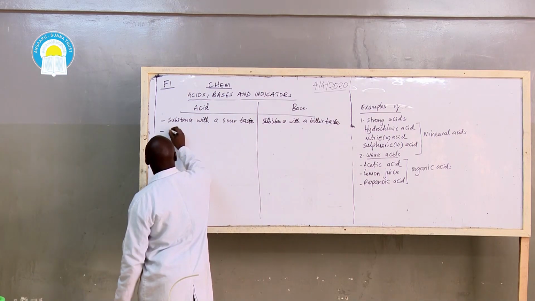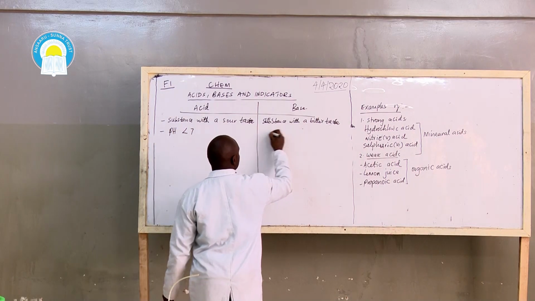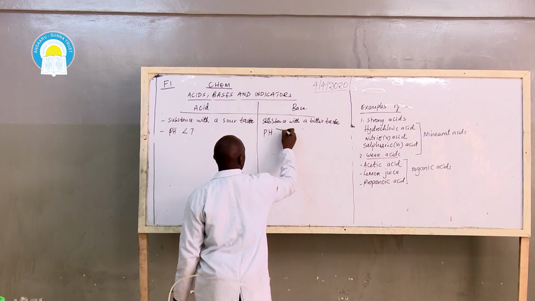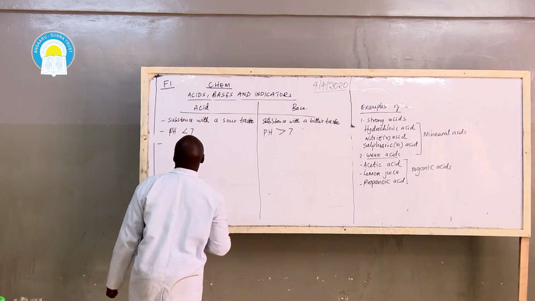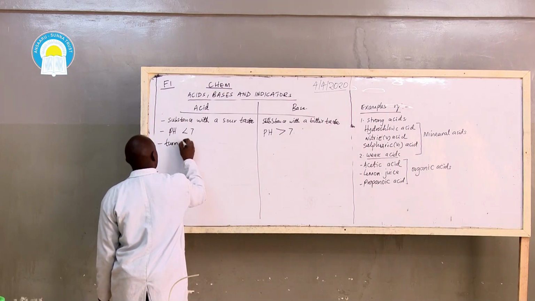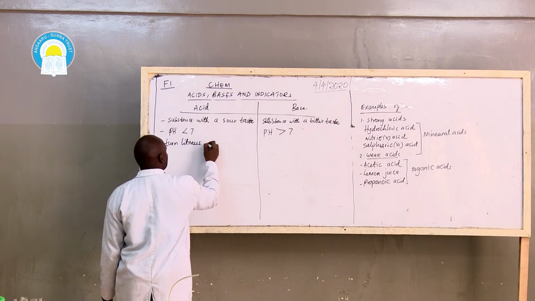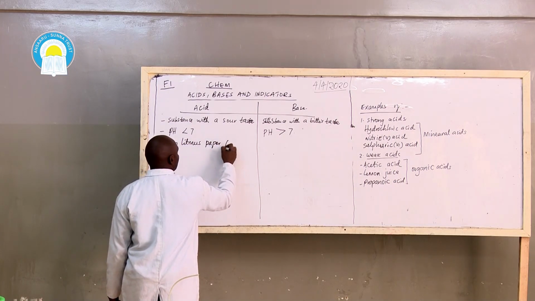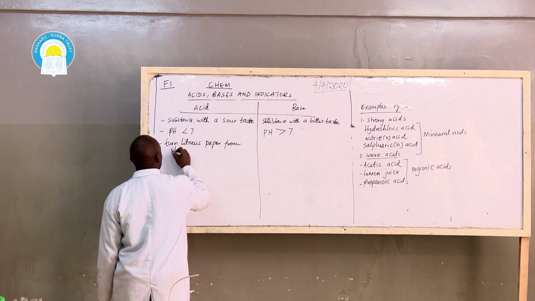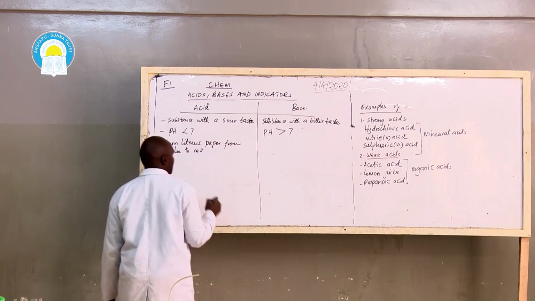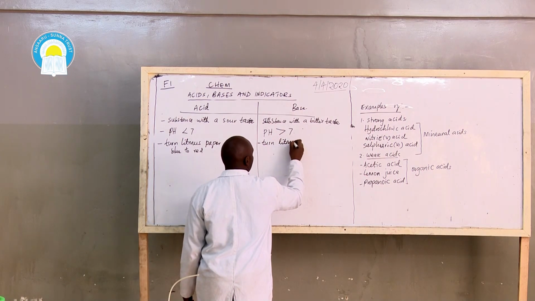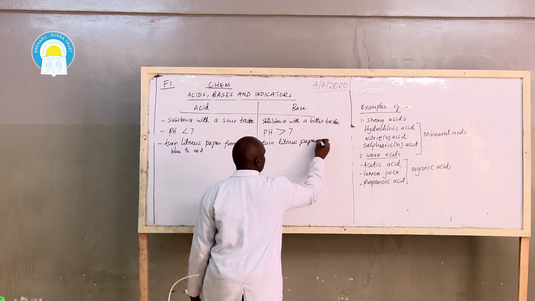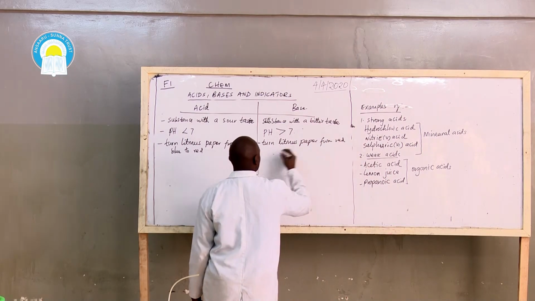An acid is any substance with pH less than 7, and a base is a substance with pH greater than 7. An acid is a substance which will turn litmus paper from blue to red, and a base is any substance that will turn litmus paper from red to blue.